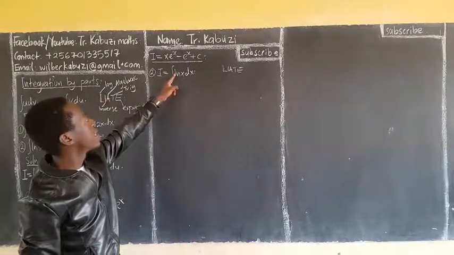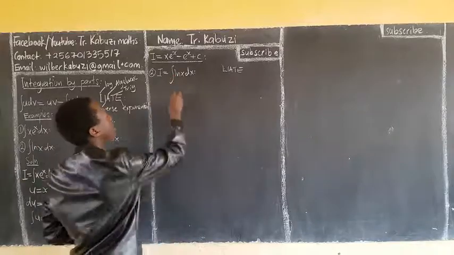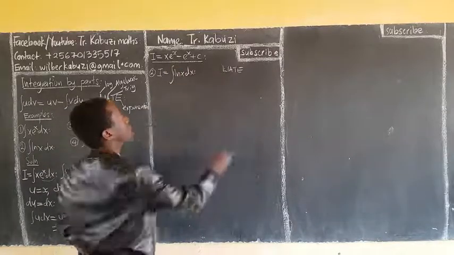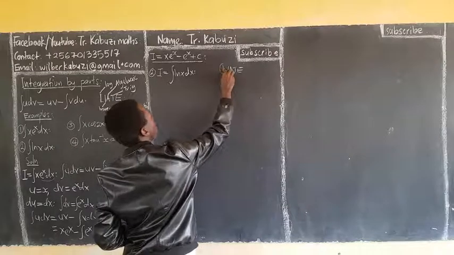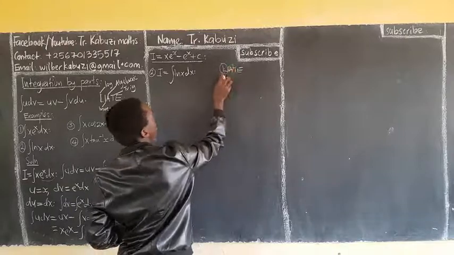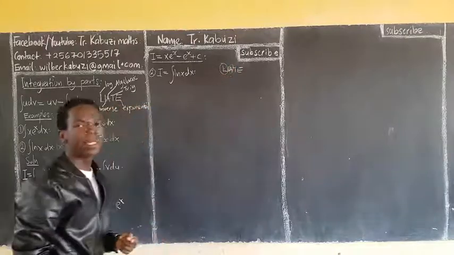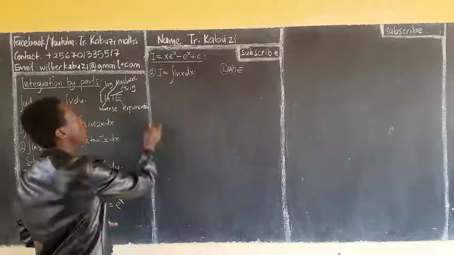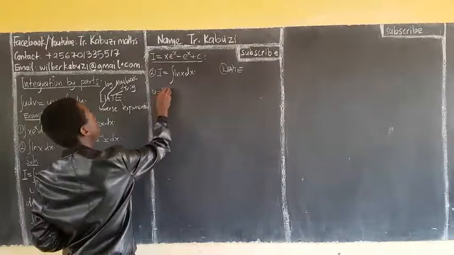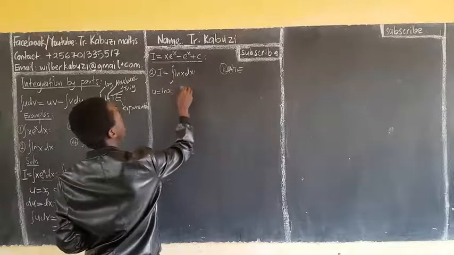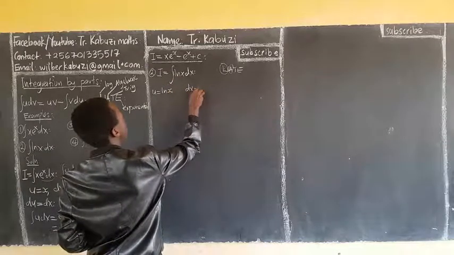There is a silent 1 here, so this is just 1 times the natural log of x. Meaning we have a log here and an algebraic function here. So the log comes first, and my natural log is also a log. So from here my u is going to be natural log of x, and the remaining thing, 1 dx, is going to be my dv.